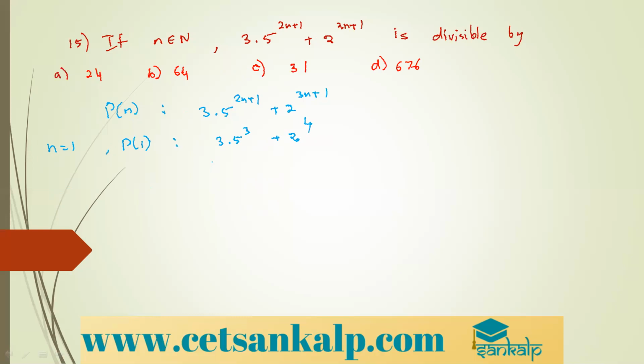So first of all, I will take 3 into 5 cube, which is 125. 5 5 is 25. 25 into 5, 125.